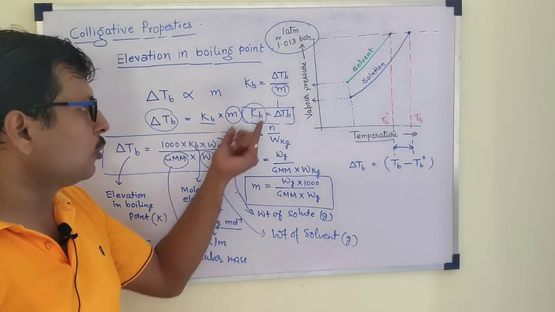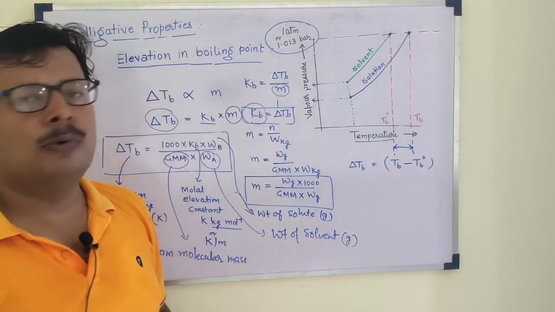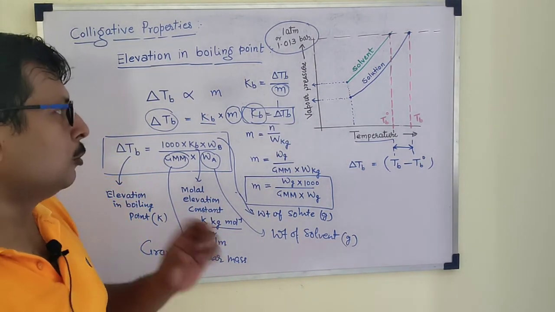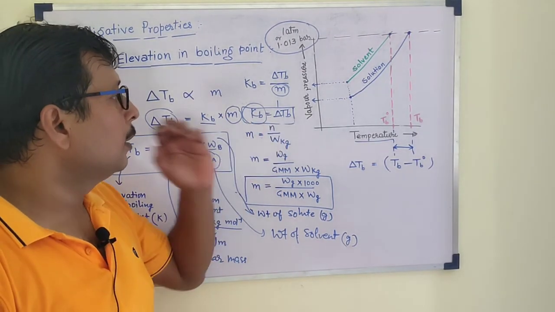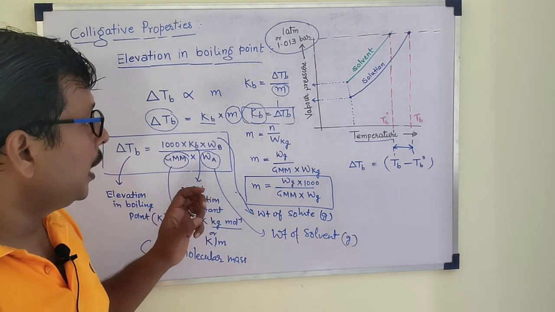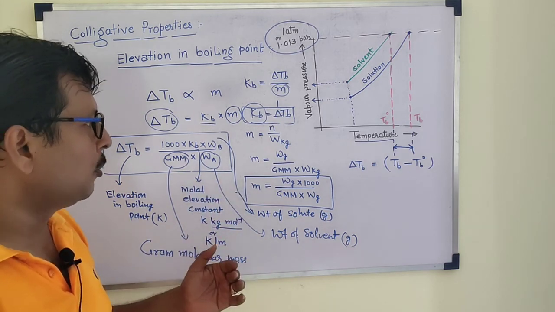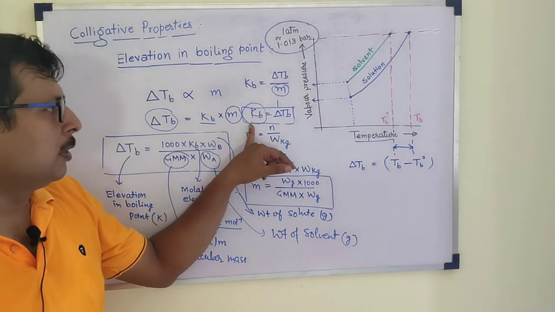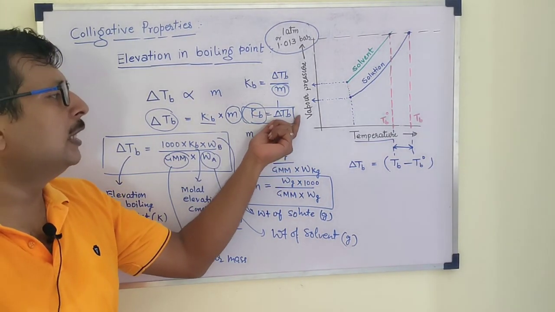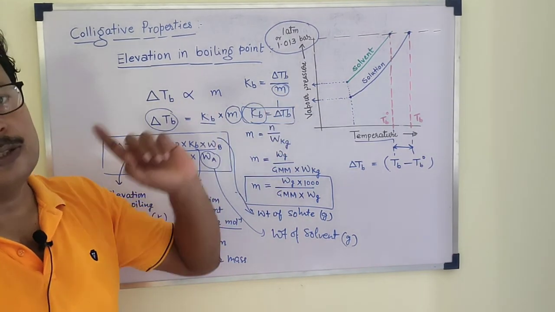The molar elevation constant is the elevation in boiling point of a 1 molal solution. Okay, we can define Kb like this. This constant is also called the ebullioscopic constant. It is equal to delta Tb, the elevation in boiling point when molality is 1.